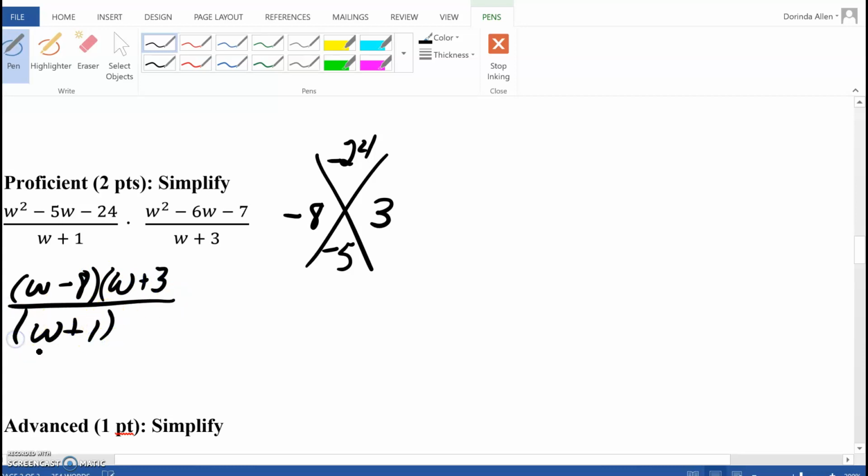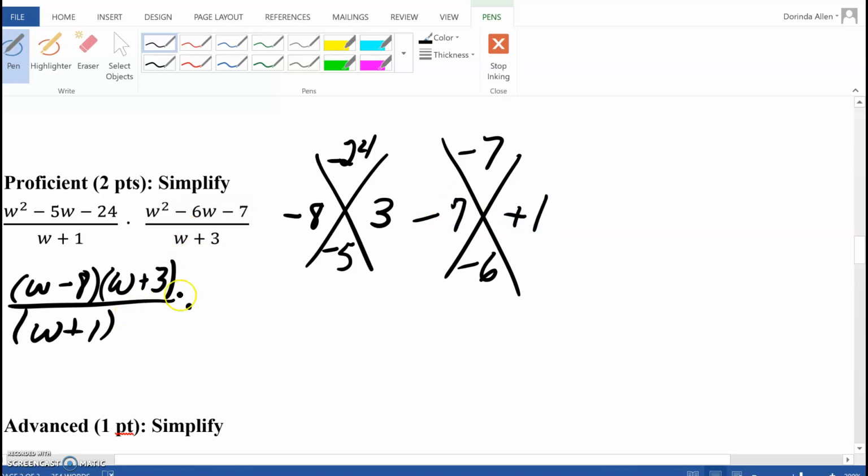That can't be factored. And then the top part here, we can write that out into factors because my w is 1. The top part here multiplies to be negative 7, adds to be negative 6. So that gives me negative 7 and positive 1. So that one factors into w minus 7, w plus 1. And the denominator cannot be factored.